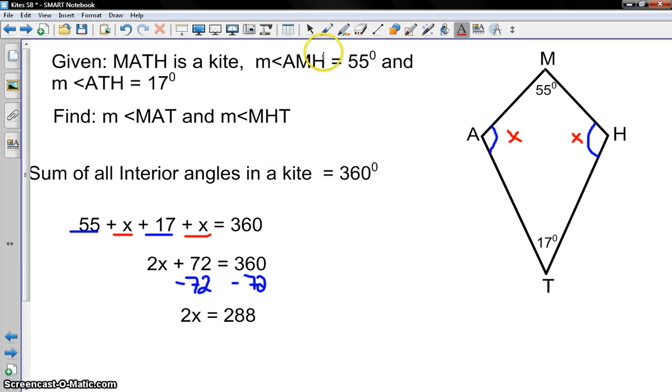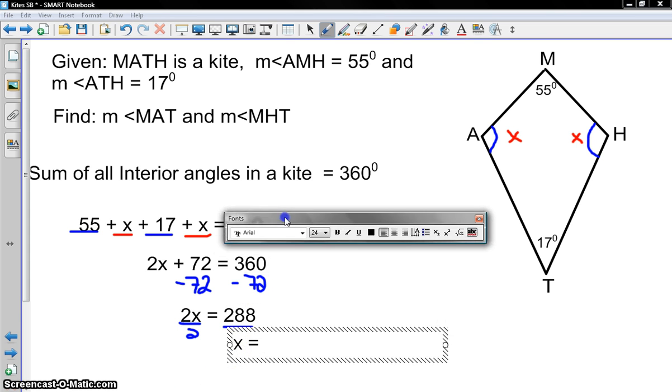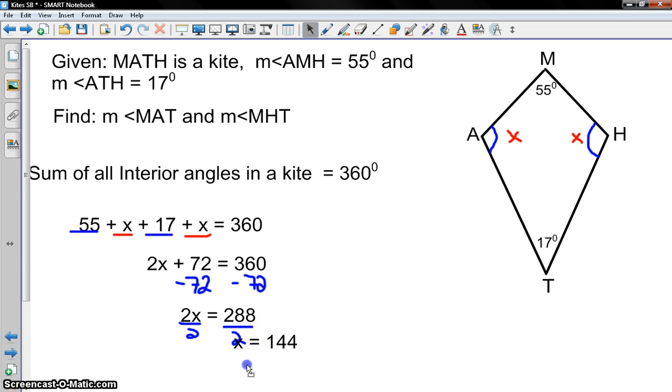Now this is fairly easy. We're going to divide by 2 on both sides. And that's going to give me x equals 144. Okay, and that is my answer for x.